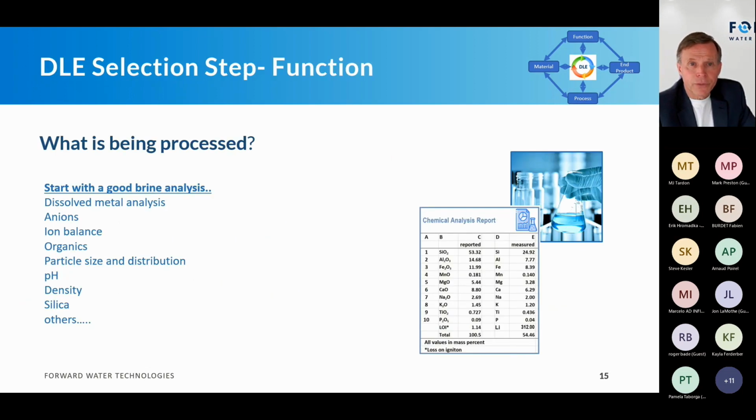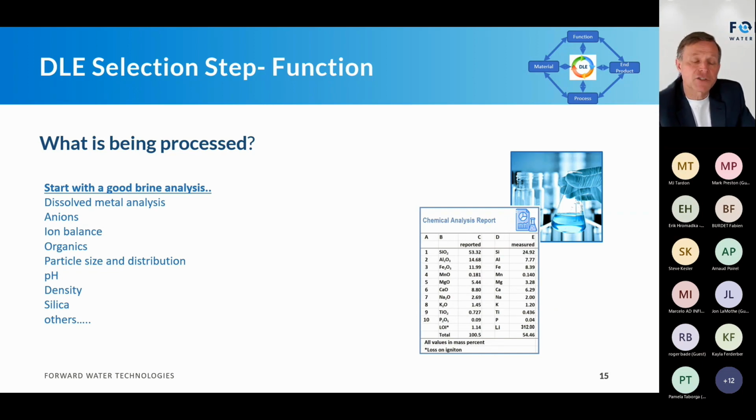So starting with the process, the brine analysis, very generic: you want to start off with your dissolved metal analysis. I would say a complete dissolved metal analysis and a dissolved filtered metal analysis, so we can determine the metals that are in a colloidal or solid form versus dissolved.